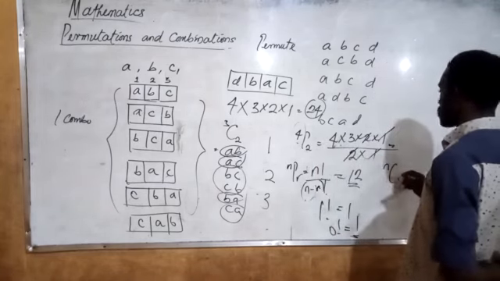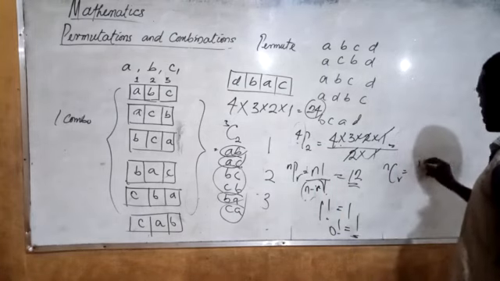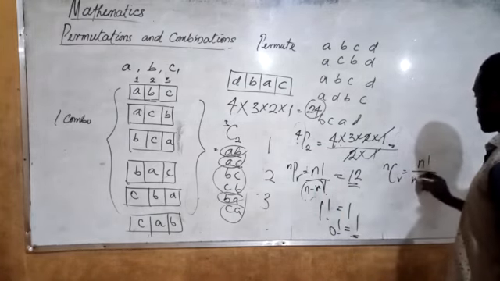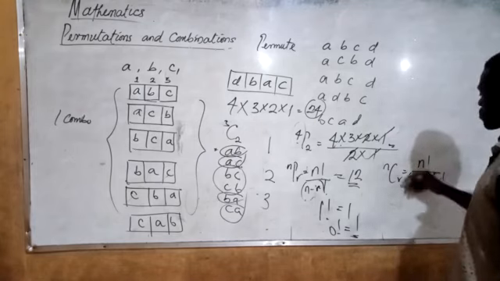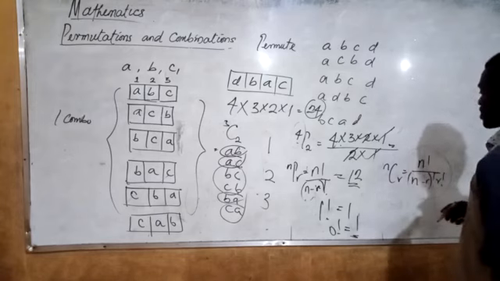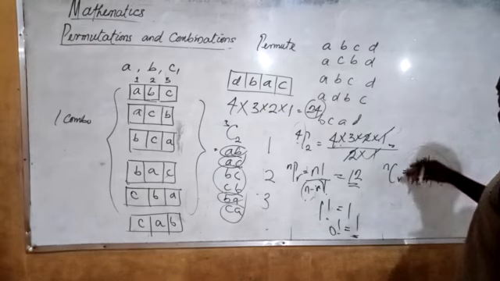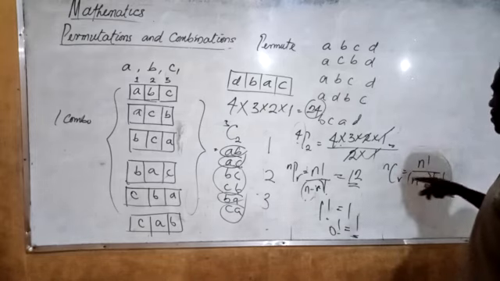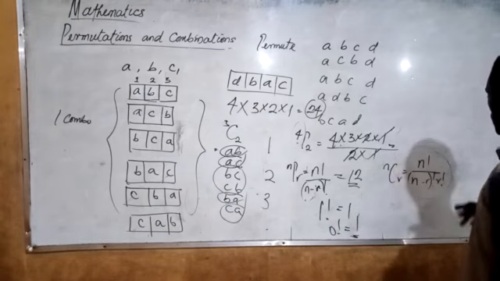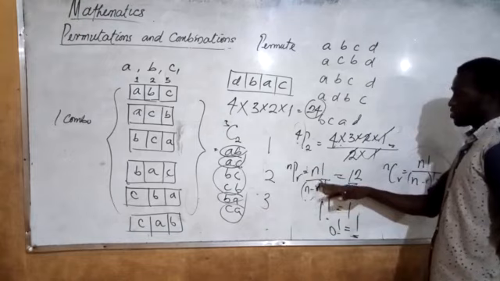But for combination, the formula is n factorial over n minus r all factorial times r factorial. This is what will help us to know that this is combination. You see, there is a difference in the formula. There's r factorial here, there's no r factorial here, right? And I basically explained how this was formed.